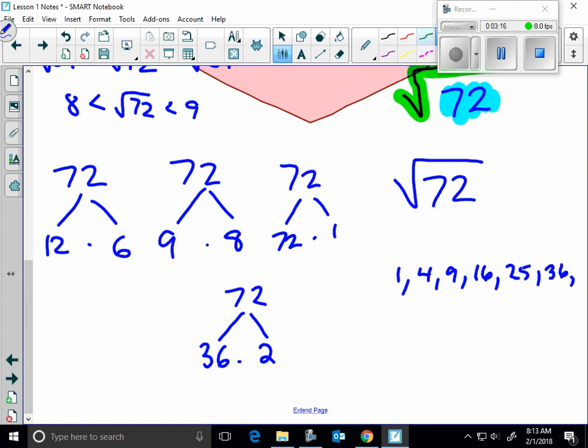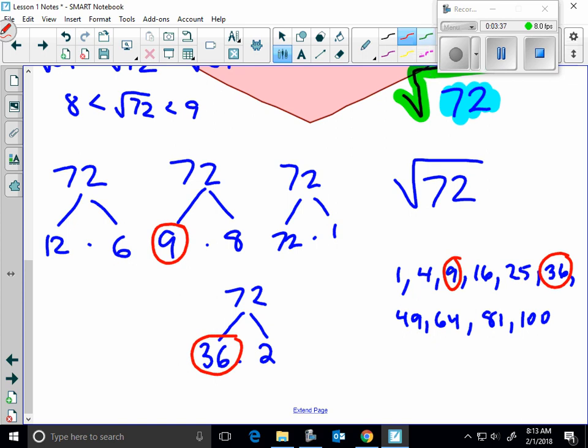What comes next? 49, 64, 81, and let's stop at 100. Do I see any of those numbers up there? I see a 9. Do I see a larger one than 9? Oh yeah. Once you find the largest possible perfect square that goes into a number, you want to use those. Why? Because it will be fully reduced.